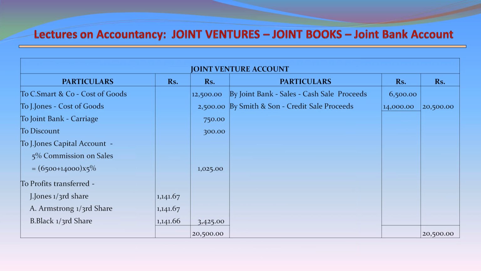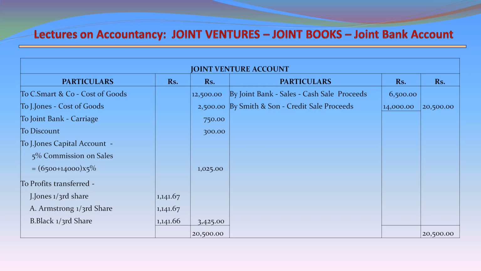Now we will prepare the joint venture account to find out the profit on the joint venture. All the expenses are recorded on the debit side and the sale proceeds on the credit side. On the debit side: to C. Smart and Company cost of goods 12,500, to J. Jones cost of goods 2,500, to joint bank carriage expenses paid 750, to discount 300, to J. Jones capital account 1,025.